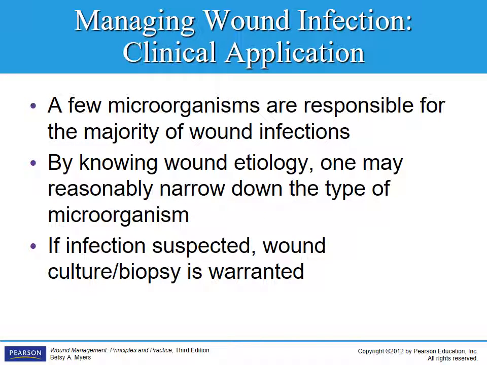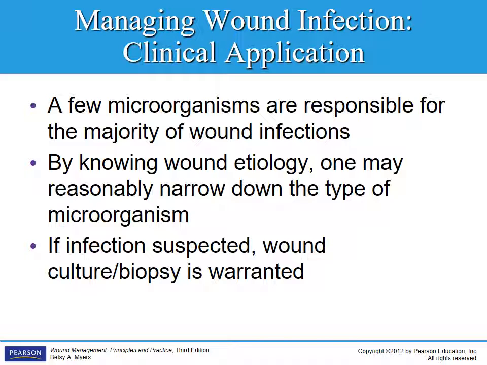There are only a few microorganisms that are responsible for the majority of wound infections, and that's why we only talked about MRSA, methicillin-resistant Staphylococcus aureus, or VRE, the vancomycin-resistant Enterococcus. It's because there's not a whole lot. There's staph, there's strep.